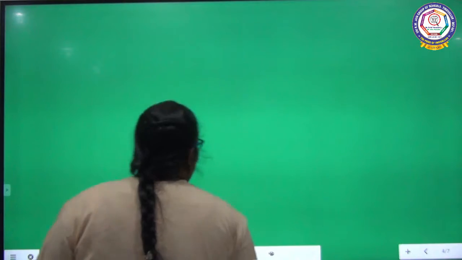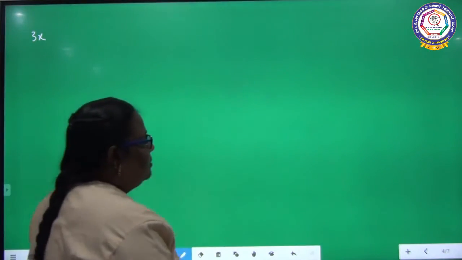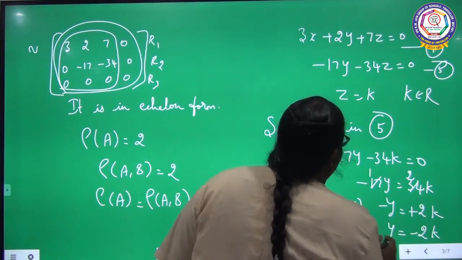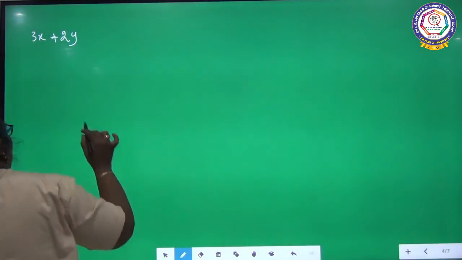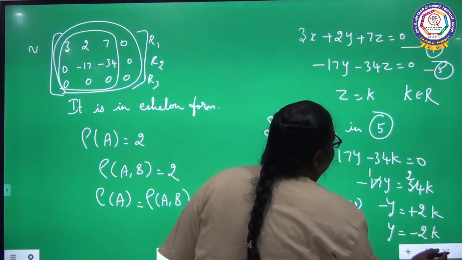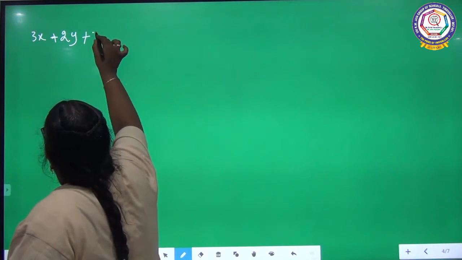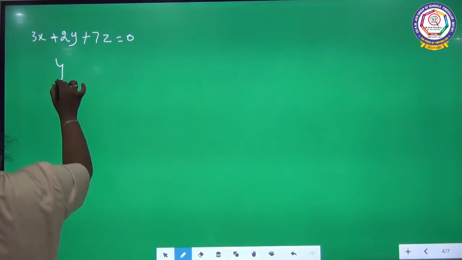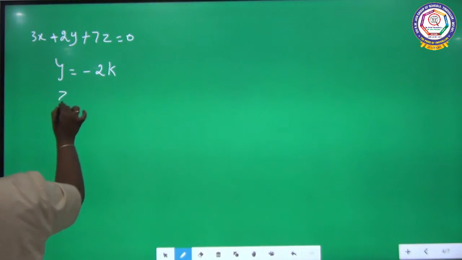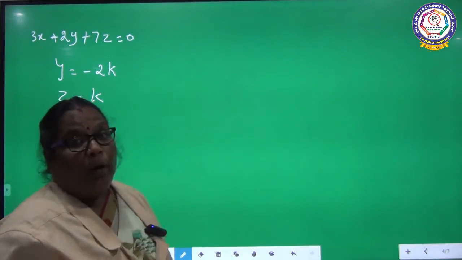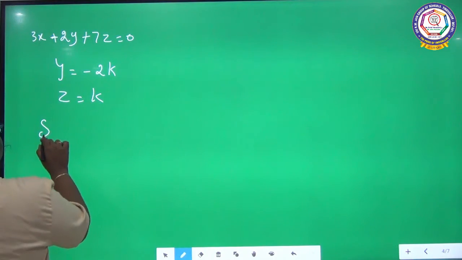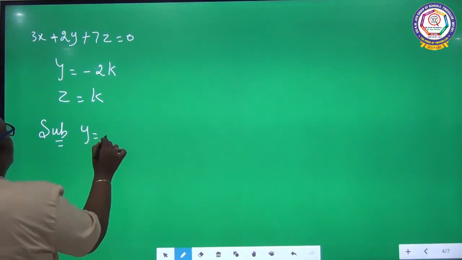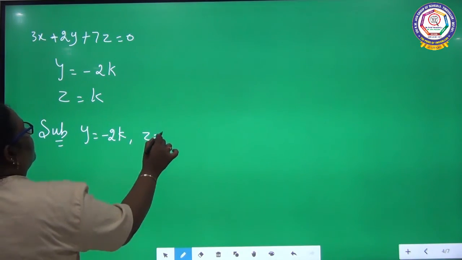Next, what is the equation? 3x plus 2y plus 7z equal to 0, with y equal to minus 2k and z equal to k.